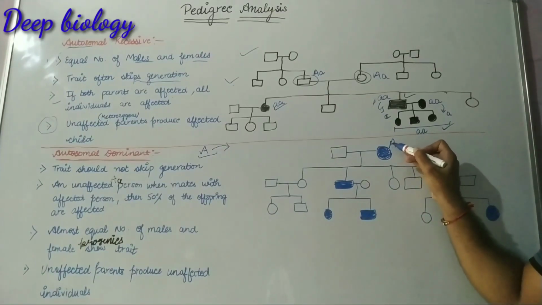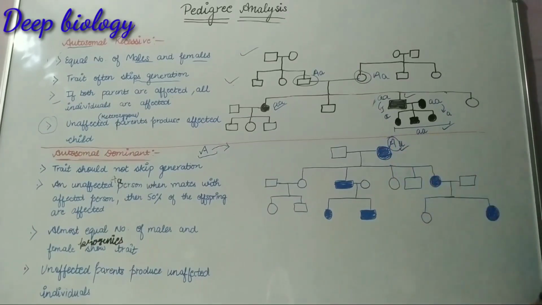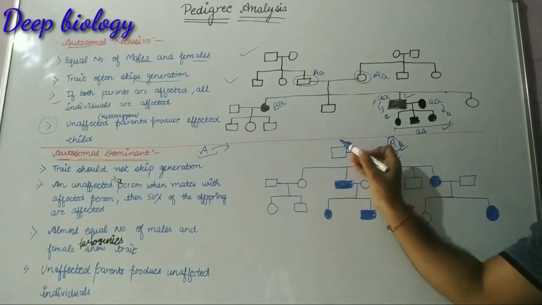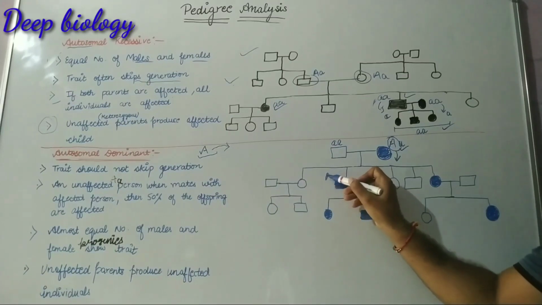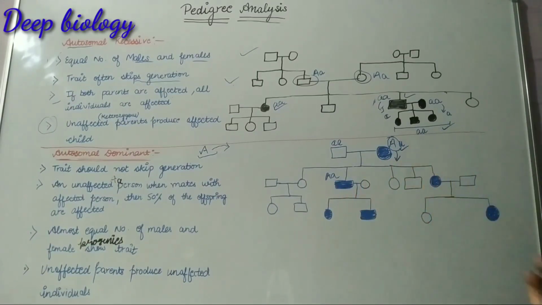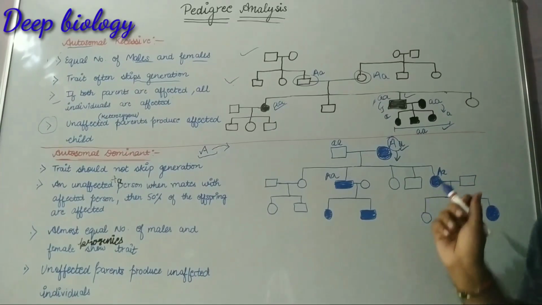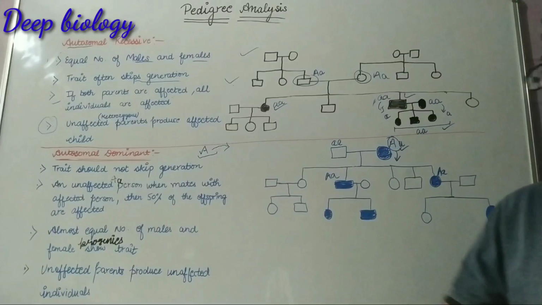For example, here capital A encodes the dominant trait. Now this A allele will pass to the individuals, and those individuals which get this A allele will show the trait. That's why there is no skipping of generation.